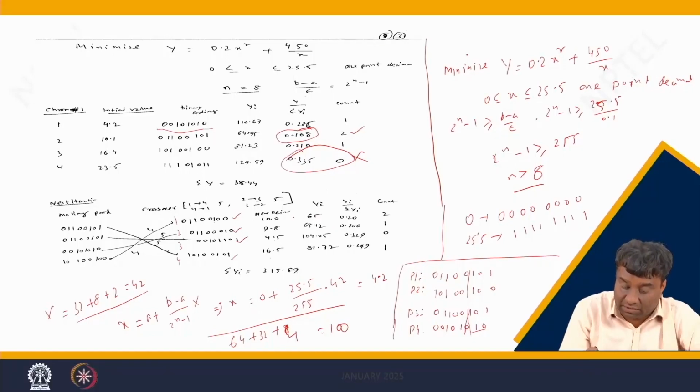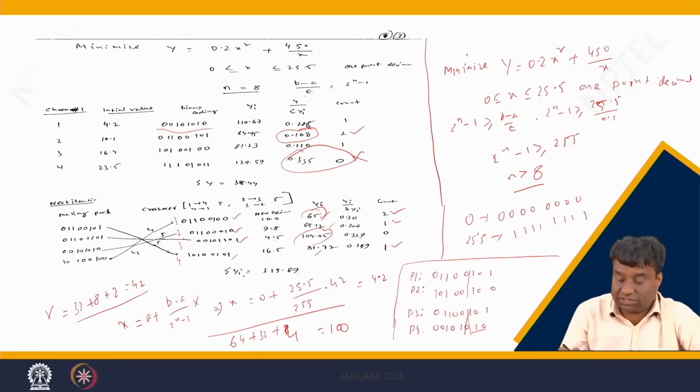So here the fitness values are 65.12, then this value is 104.05, this is 81.72. So this is the minimum value, so we count it 2 times, and this is counted 1. This is the maximum value, not counted, so that is counted at 0. Here we can count it at 1.